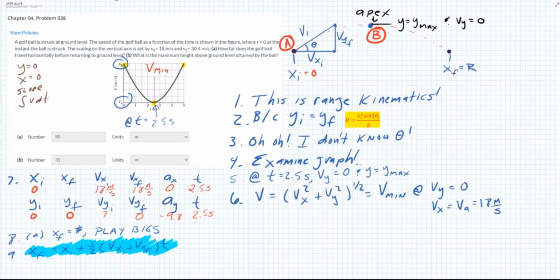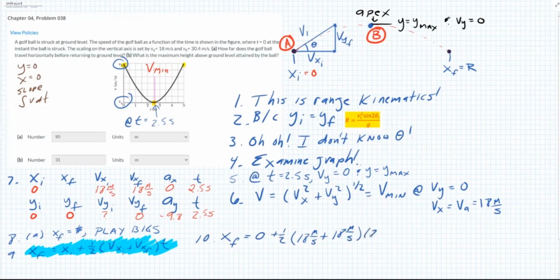So let's go ahead. Step 10, X final equals X initial 0 plus 1/2 times Vx initial, which was 18 meters per second, plus Vx final, 18 meters per second, times time. And this is the halfway point.